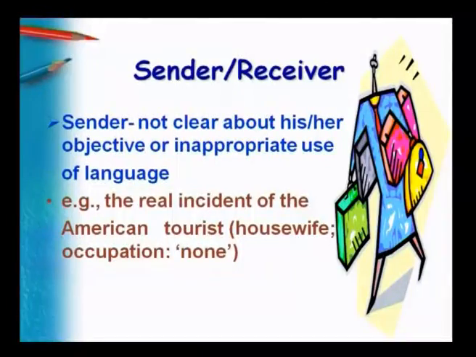When the sender is not clear about his or her objective, or uses the language inappropriately, leaving some sense of ambiguity. For example, I am just going to narrate to you the real incident of an American tourist who missed a flight just because of a communication gap.